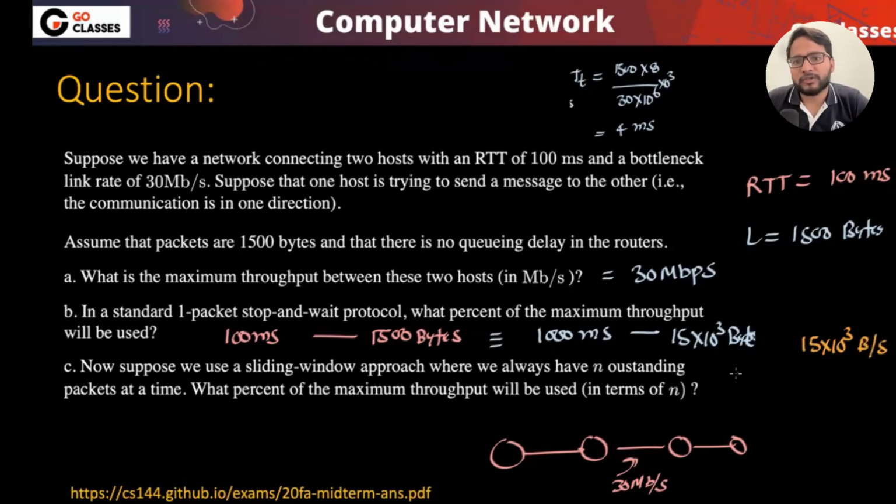But if they ask you, let's suppose, the throughput in megabits per second, then to convert that into bits, you need to multiply by 8, that will be bits per second. But if they ask for megabits per second, you need to divide by 10 to the power 6. So this is megabits per second.